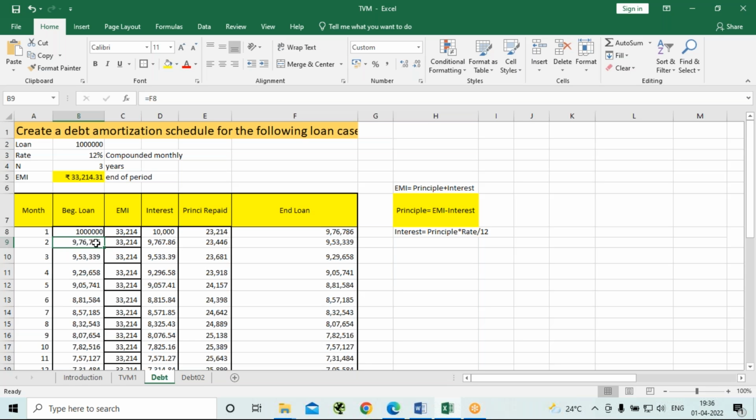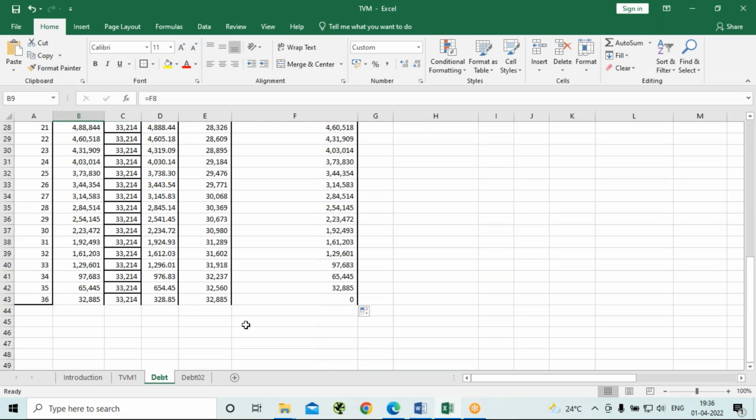So ignore the first month, select from the second month onwards, so that the calculation happens properly, and it makes you get the zero value at the end of the period. Okay.